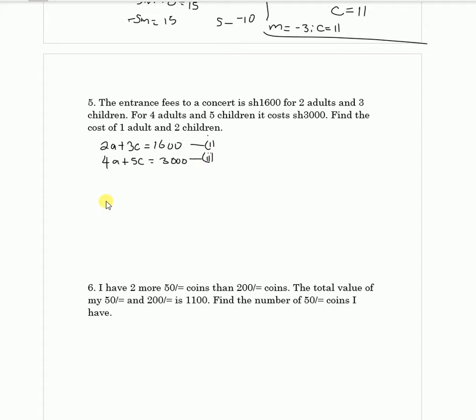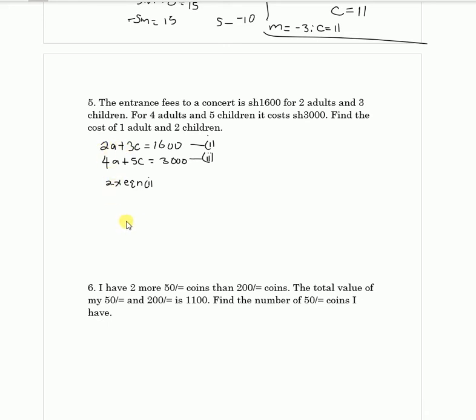So you look at these 2 equations, there is something we need to know about it. We shall get equation 1 and multiply it by 2. By doing that, we shall have 4a here. I'm doing that because I want to eliminate a.